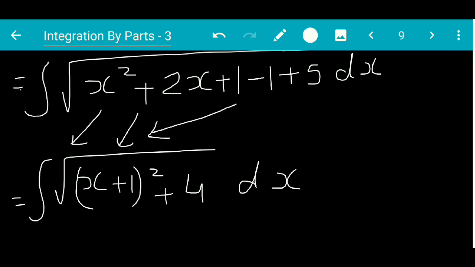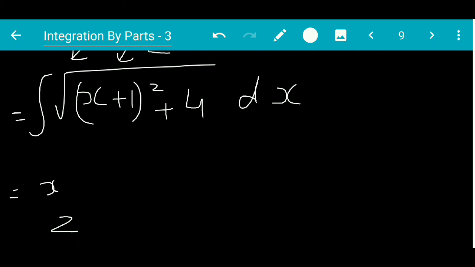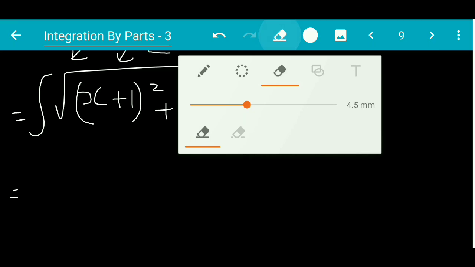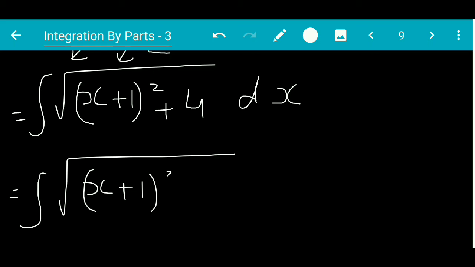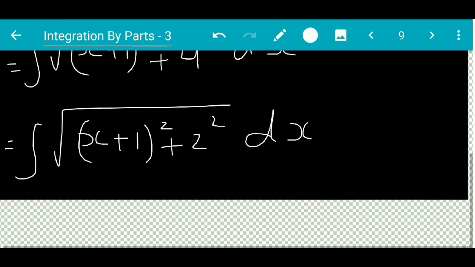Okay, let me rub out all this. Now in the next step, we are going to get integral of root of x plus 1 the whole square plus 2 square dx, which is like the first formula, that is root of a square plus x square.